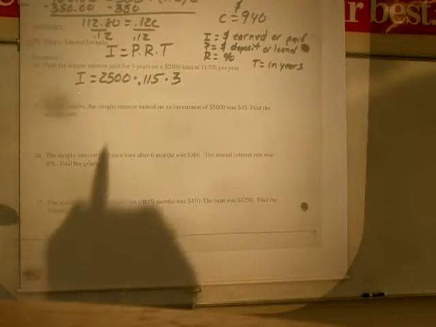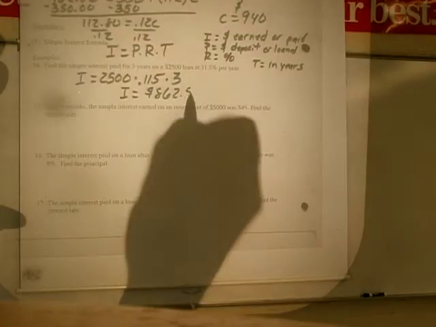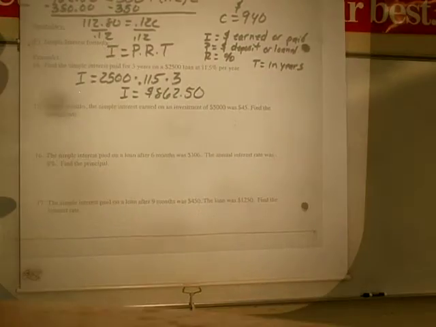From there, you can just multiply on your calculator, 2,500 times 0.115 times 3, and if you put that money in the bank, you would end up earning $862.50.